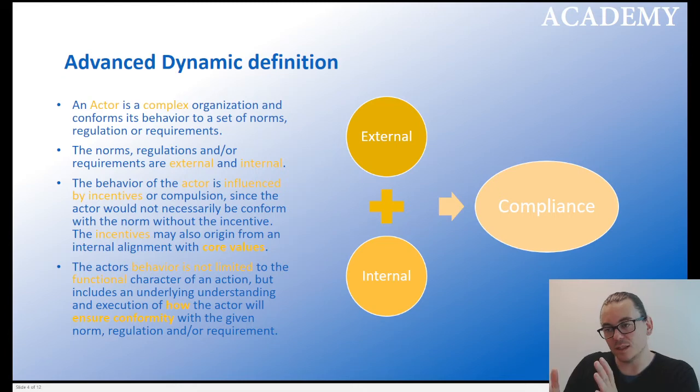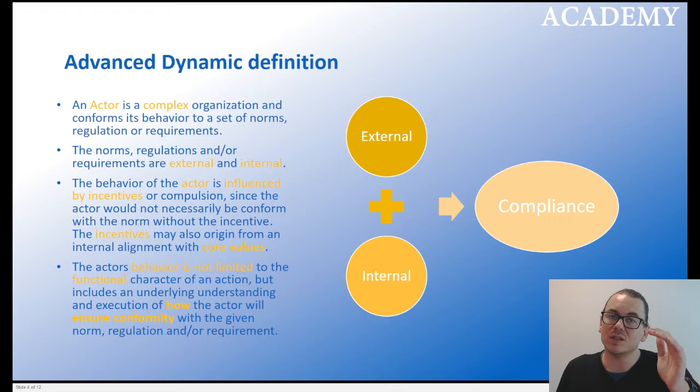Because society, when you put that out in your strategy, society will look at it, your stakeholders will look at it, punish you if you're not compliant all through your business operations. So this is a definition of dynamic compliance, just saying, okay, before it was very externally oriented, now we put in the internal.